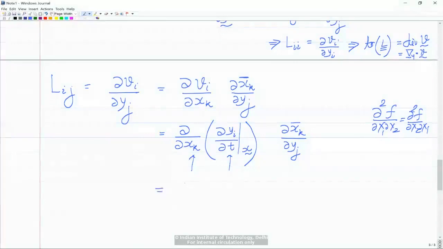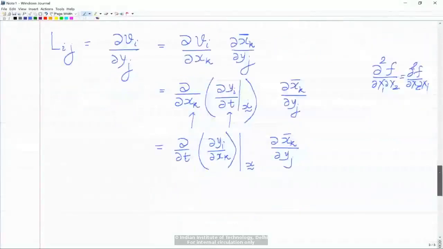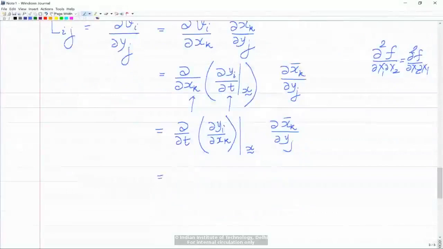What you have is del over del t of del yi over del xk, at fixed x, multiplied with del xk bar over del yj.